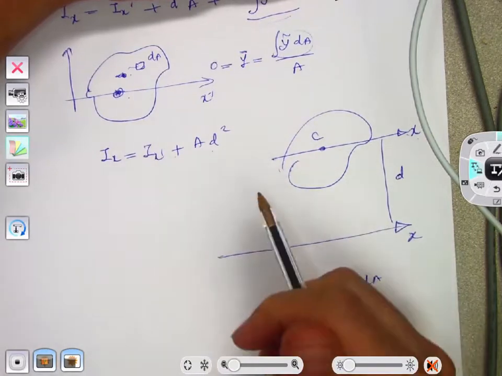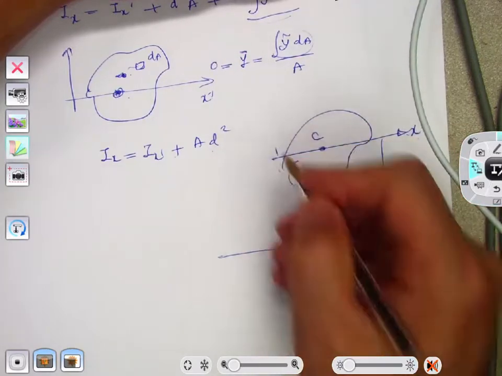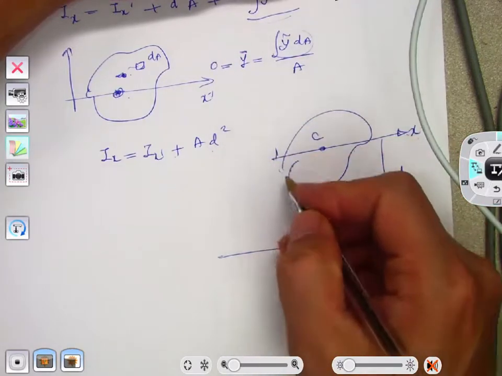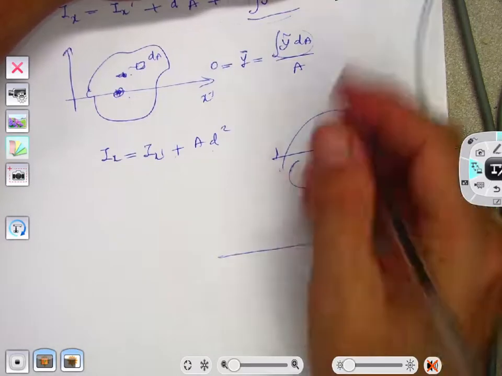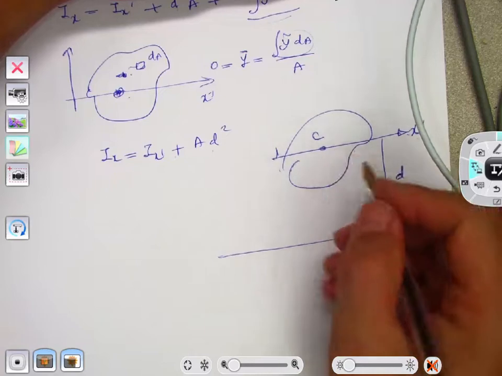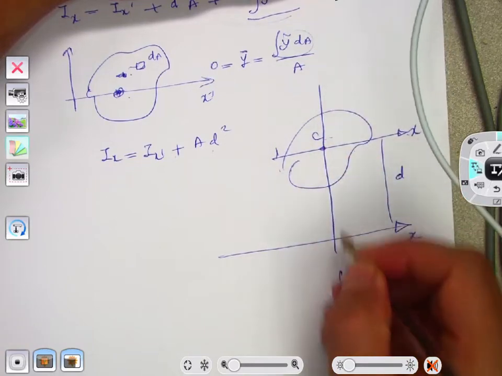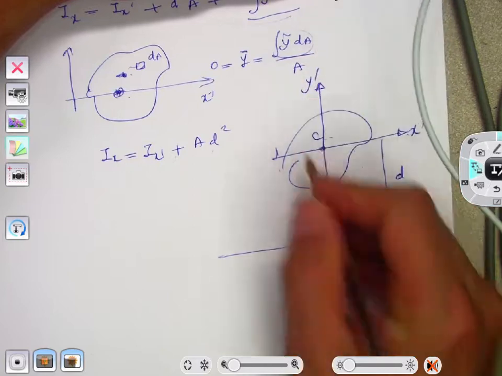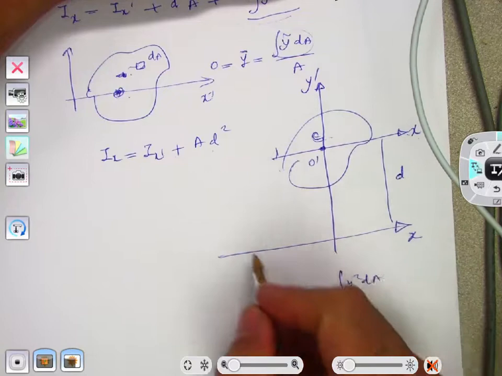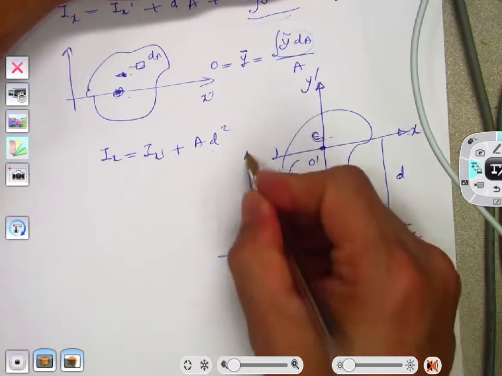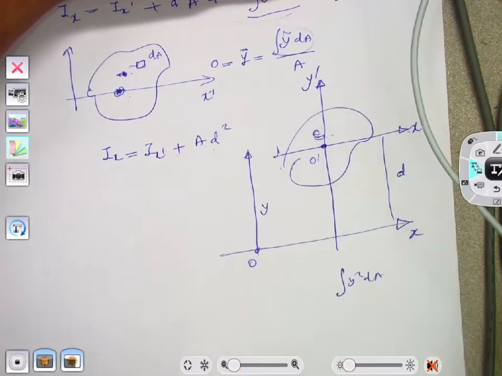Alright, so we can do the same actually for this. Let's say point C is the centroid, right? So let's say I have the y prime axis passing the centroid too, right? And then I have another axis here, y. So this is all prime.